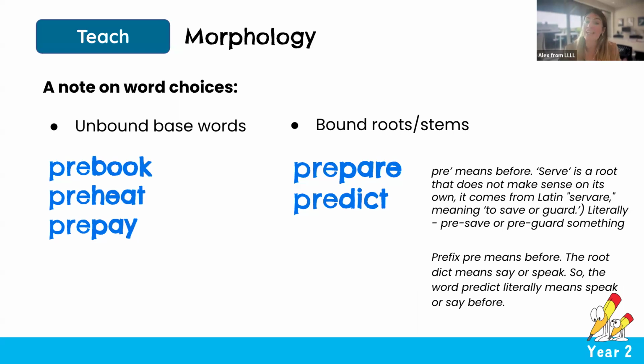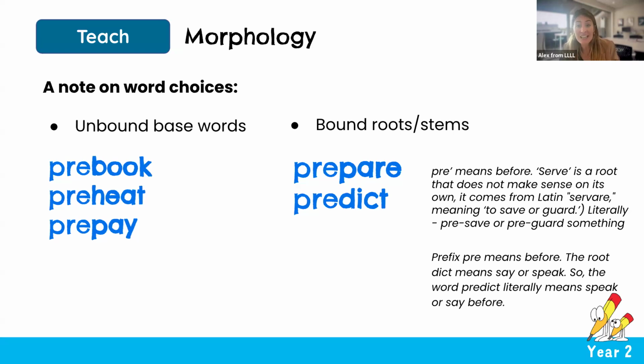So in week 2, 2 of our words of the week use bound roots and stems. They're really nice little boxed off words that we can just show and demonstrate and explain to students what they mean, and what the history of those words are. So predict, for example, is one of our words of the week, I think on day 4 of week 2. Pre means before. The root dict doesn't make sense by itself, but it means say or speak.